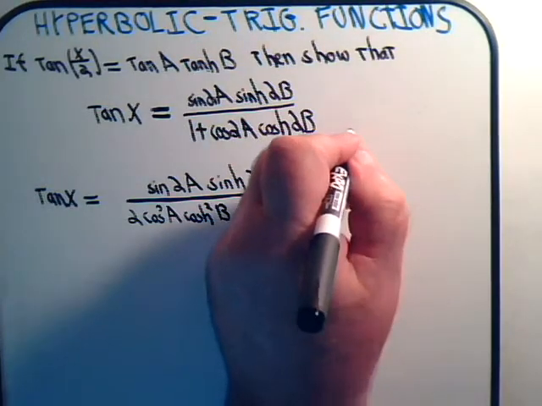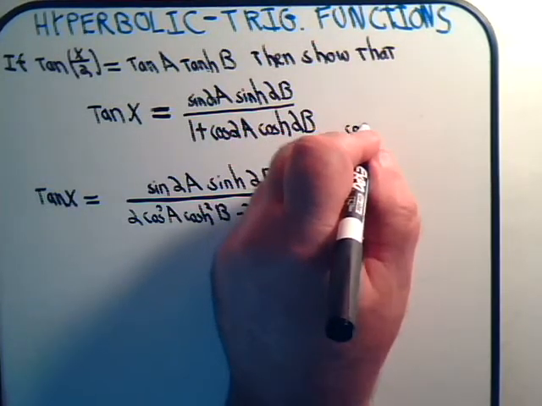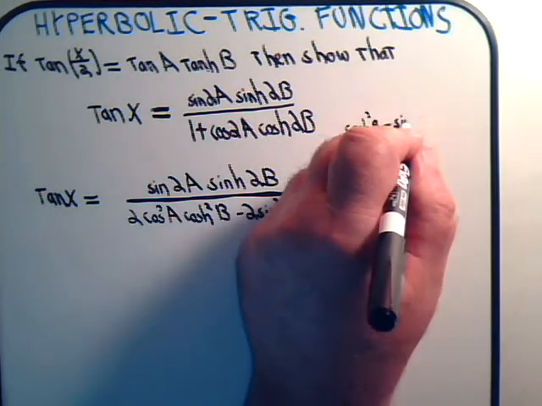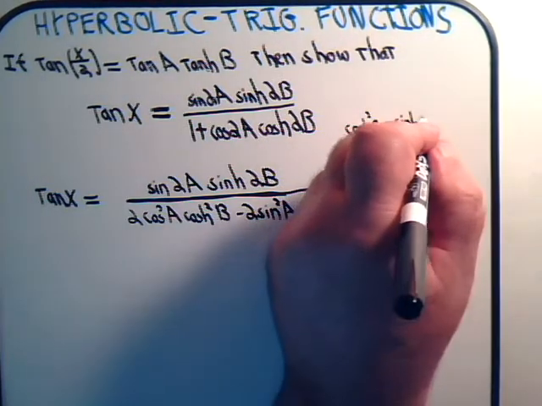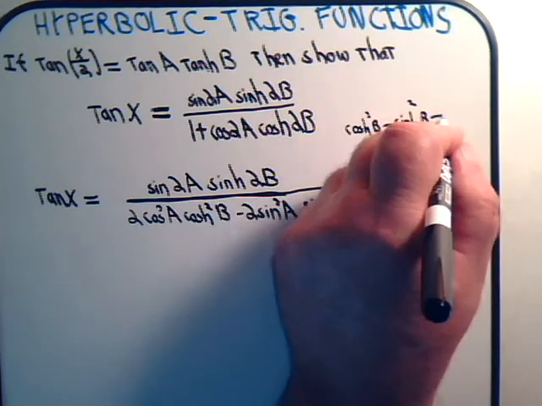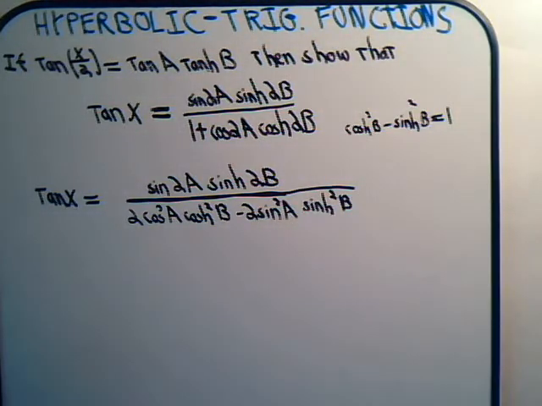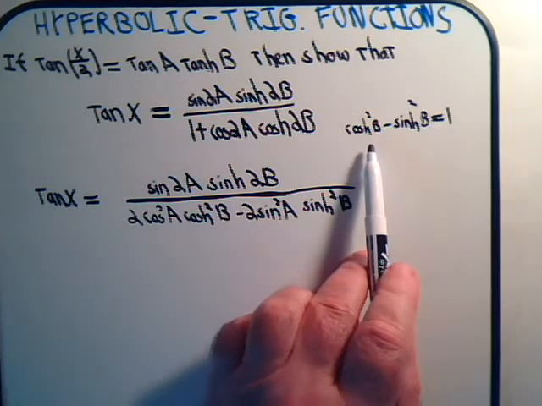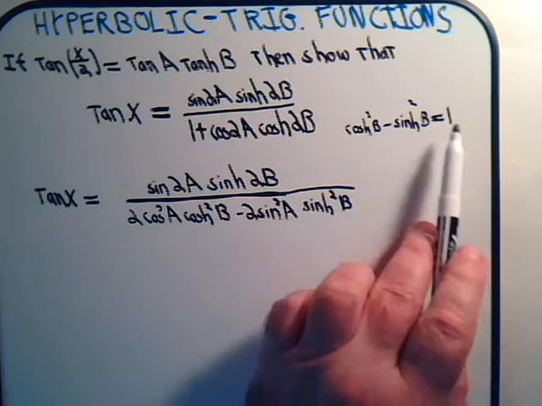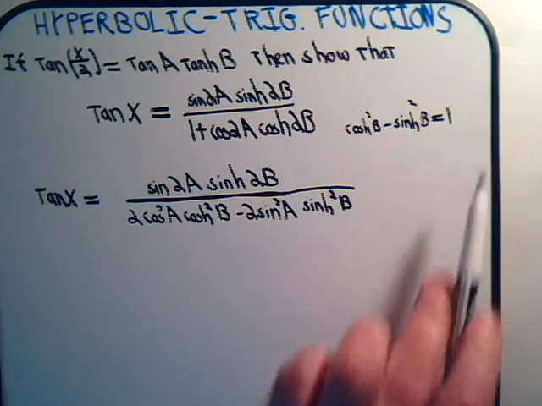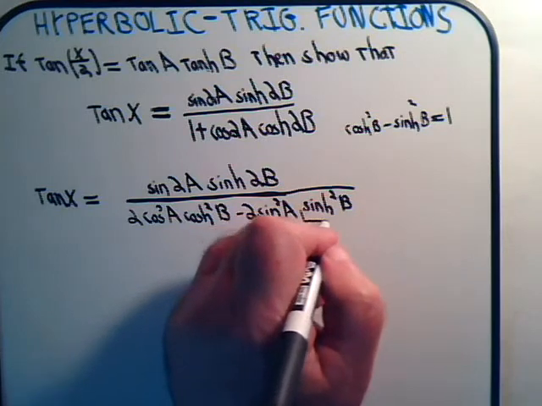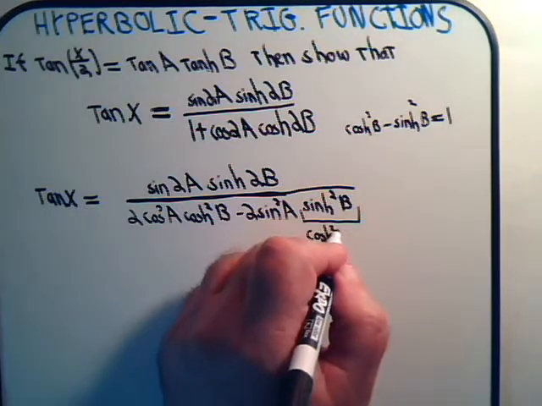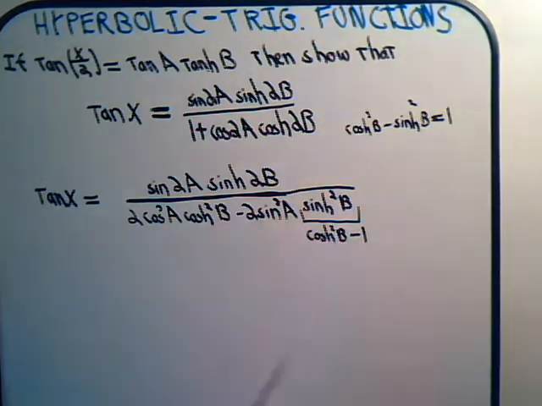But here now I think is where we want to draw upon one of our basic identities. Remember that hyperbolic cosine squared of b minus the hyperbolic sine squared of b equals 1. So the hyperbolic cosine squared b minus 1 would be the hyperbolic sine squared of b. So we can replace this with hyperbolic cosine squared b minus 1.